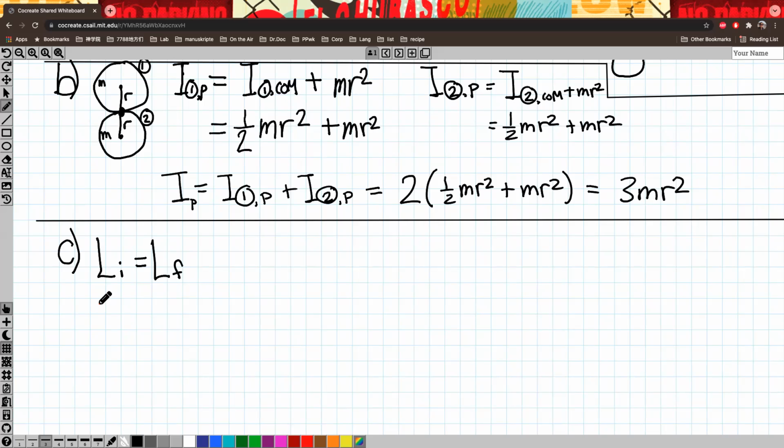All right. We have rmv. Okay, so rmv is the initial angular momentum, and what about the final angular momentum? Well, to do that, we could convert L into I times omega.